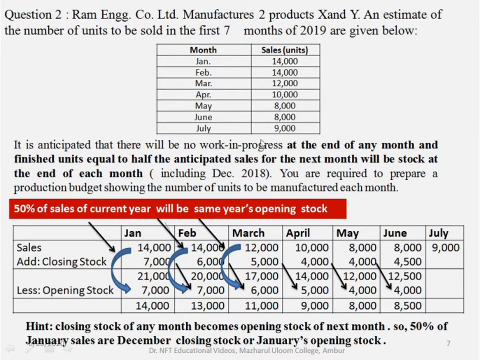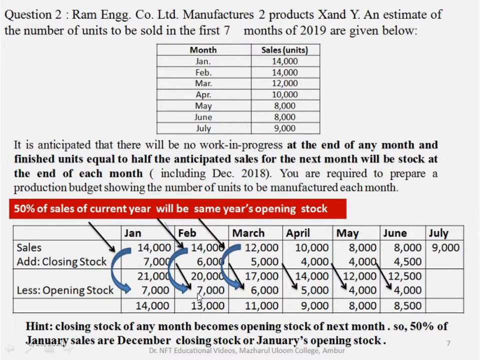If you see in the question, it is clearly mentioned that finished units are equal to half the anticipated sales for the next month, because this will be maintained at the end of each month. So 50% of January's sales is the December closing stock, or January's opening stock. January's opening stock will be 50% of sales.